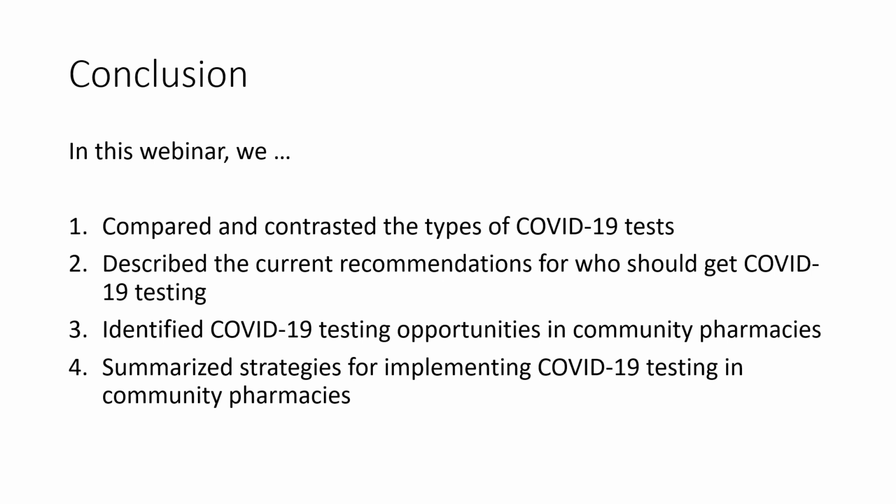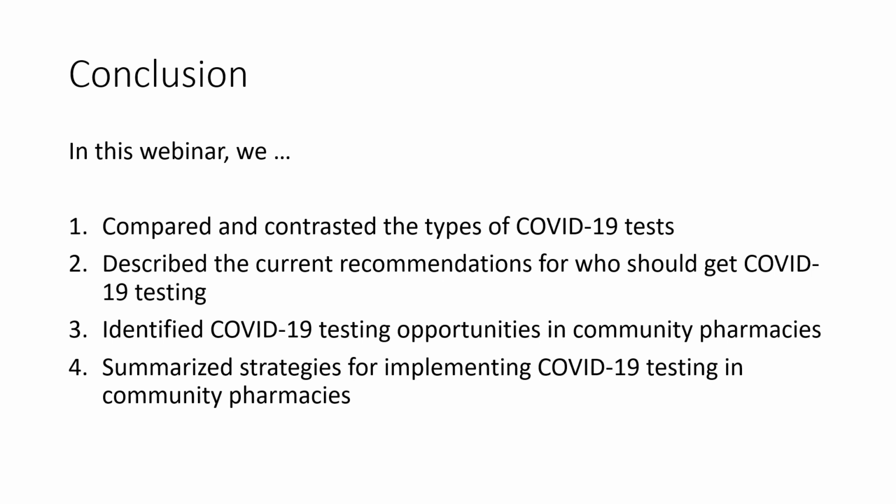Only tests that look for current infections can be considered diagnostic, like the molecular PCR test or certain types of rapid antigen tests. Certain groups of people should be prioritized for testing based on risk: those who are presenting symptoms of active SARS-CoV-2 infection, those who have come into contact with people who have SARS-CoV-2, and those who are referred for testing by a healthcare provider.